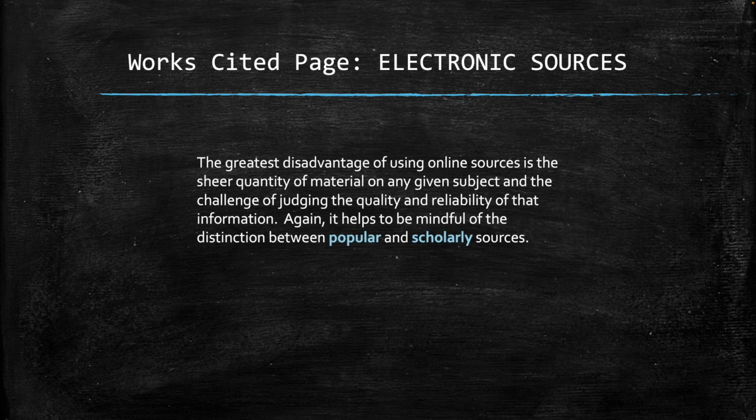The greatest disadvantage of using online sources is the sheer quantity of material on any given subject, and the challenge as a student of judging the quality and reliability of that information. It helps to be mindful of the distinction between popular and scholarly sources.